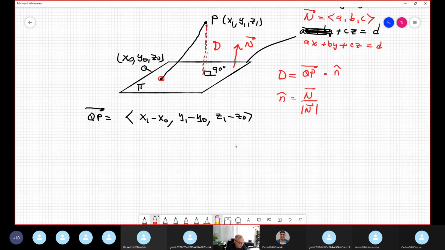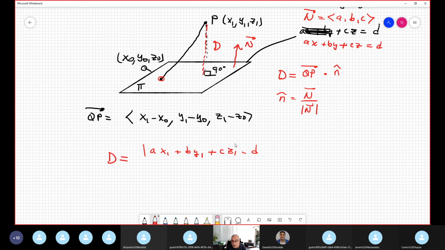The formula is the shortest distance is equal to the absolute value of a x1 plus b y1 plus c z1 minus d. Who is a, b, c, d?